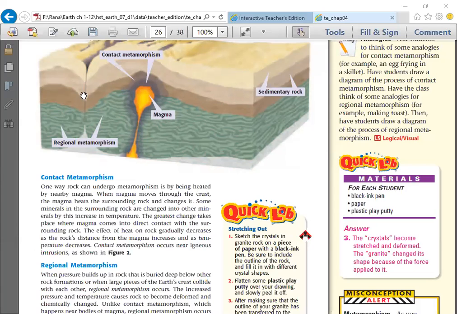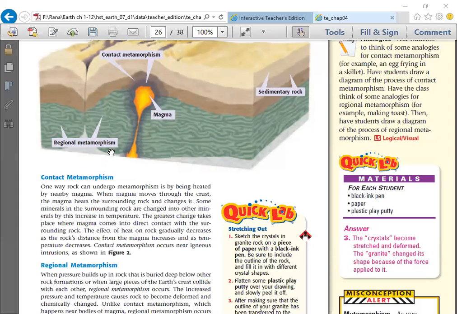We said that because of some movement of the Earth's crust, it may cause a lot of pressure on the layers of rock which are already buried underground. So this high pressure could make the rock change into a metamorphic rock, and we call this regional metamorphism. So let's compare contact metamorphism and regional metamorphism.